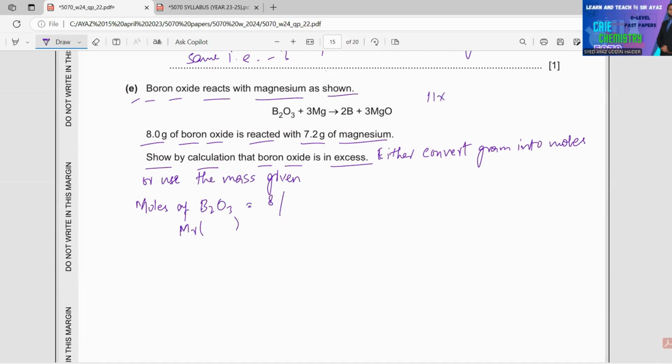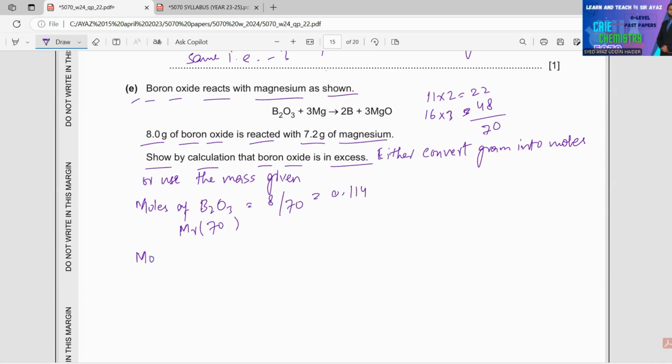So 11 multiplied by 2, 16 multiplied by 3, so we have 22 plus 48. If you add these up, you get 70. MR will be 70 for B2O3. 8 divided by 70 becomes 0.114. These are the moles of B2O3.